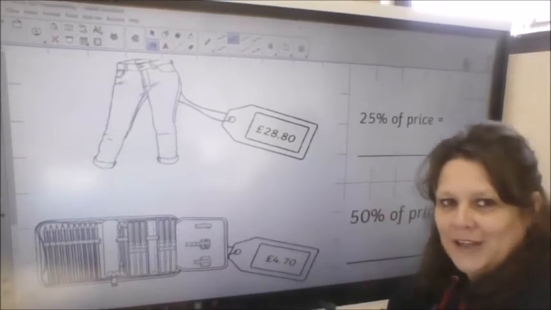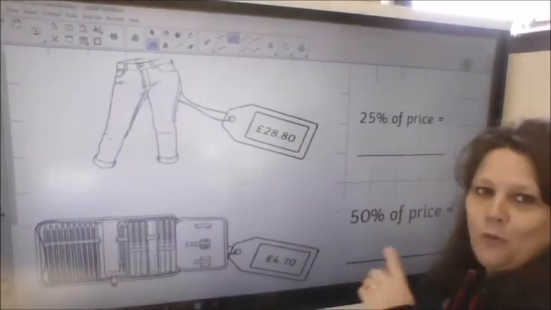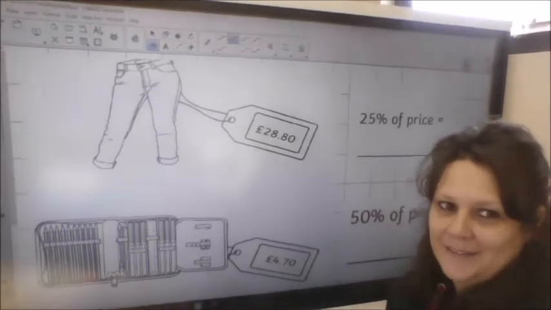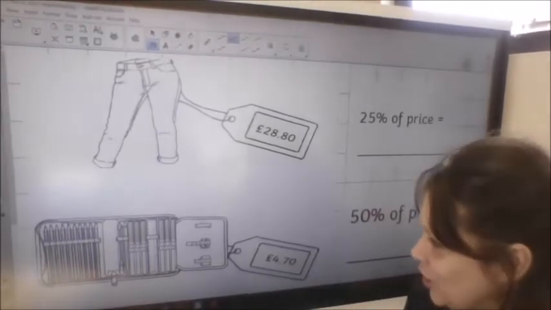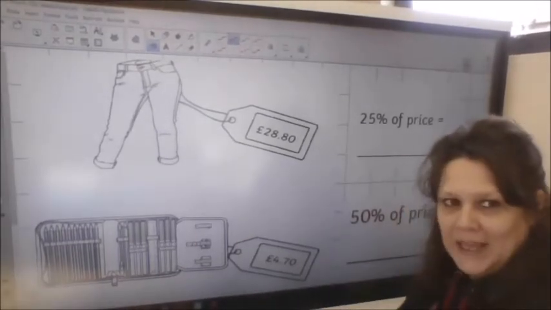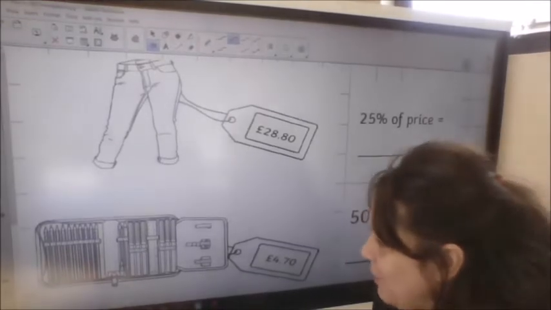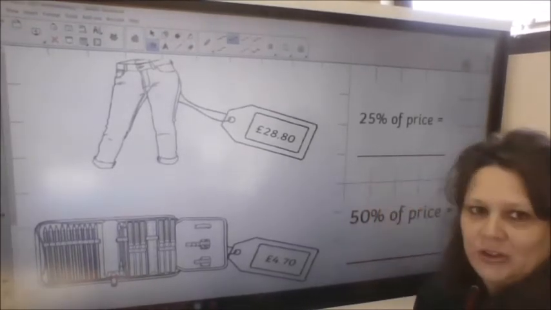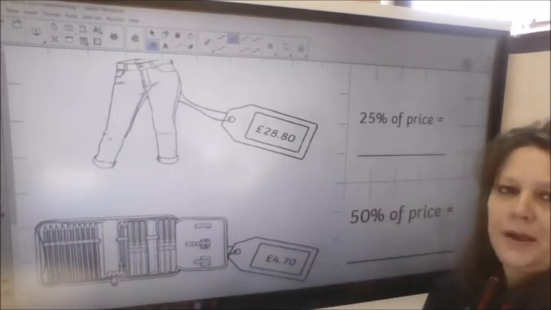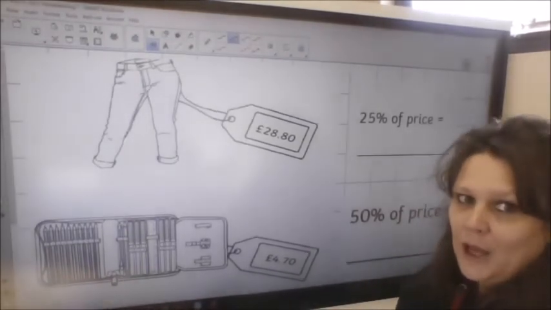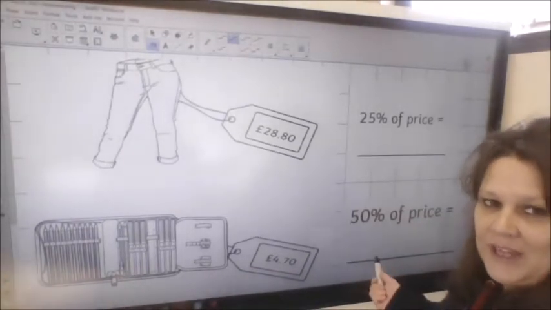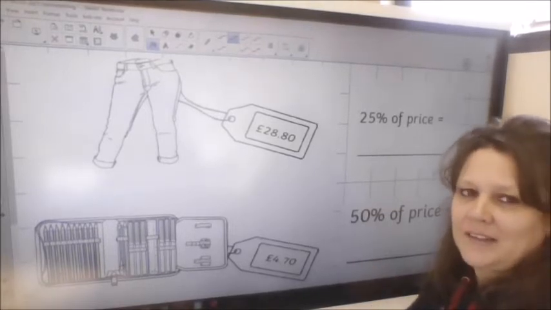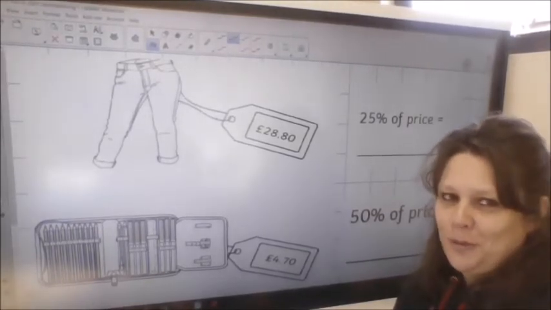You've got to do your little calculation and tell me what the new price is. And then finally, you've got some wonderful stationery here, lots of pencils and pens and rulers and all sorts of things. And it's £4.70 normally, but 50% off. Sounds fantastic. Too good to be true, maybe.